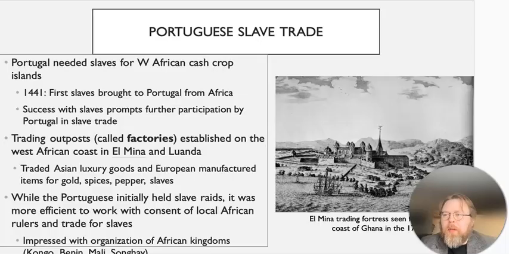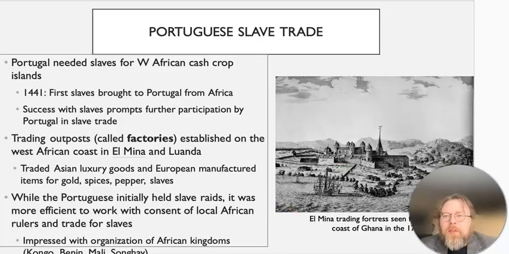And remember, the original population of those islands was wiped out because of diseases and exploitation, and so the Portuguese bring in black slaves from West Africa to basically make up the difference. It's also around this time period that the first slaves are brought to Portugal from Africa, and those, air quotes, successes prompt further participation in the slave trade by Portugal.